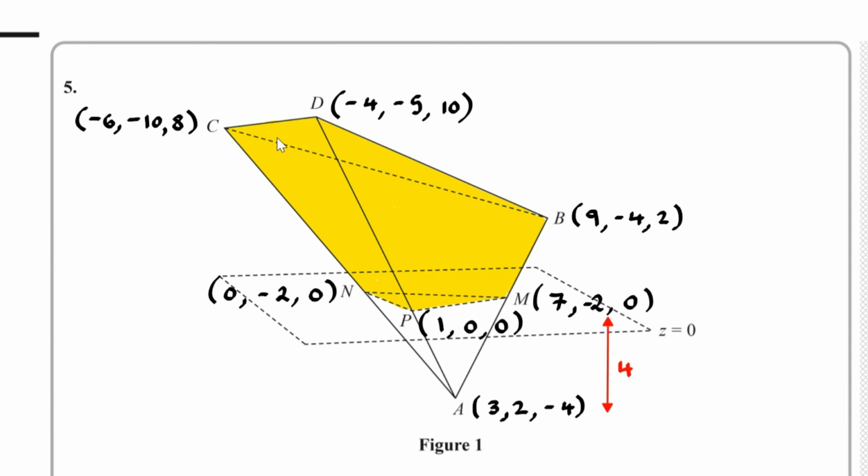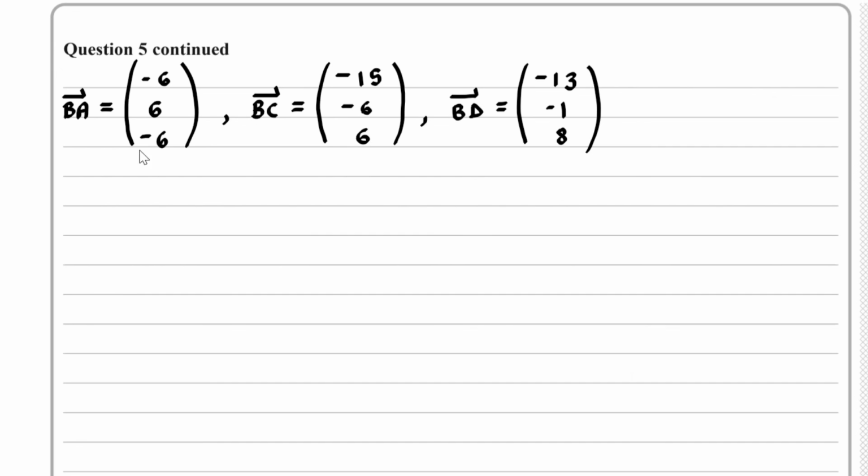Now, if I consider this larger tetrahedron, well, what I need is BA, then I need BD and BC. So let's find each of those. Well, here are the vectors BA, BC, and BD. BA is -6, 6, -6. BC is -15, -6, 6. BD is -13, -1, and 8.